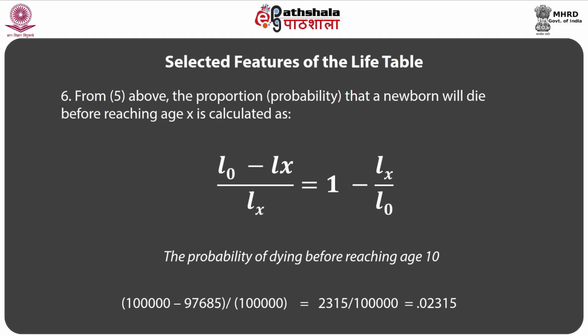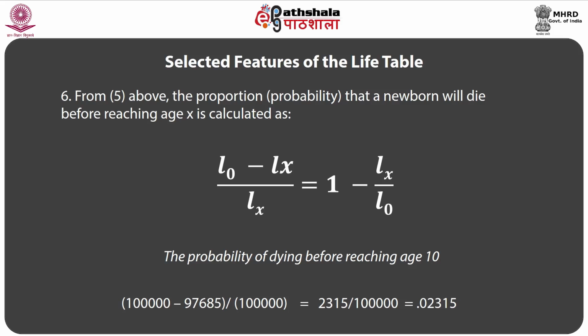Number 6. From 5 above, the probability that a newborn will die before reaching age x is calculated as l0 minus lx divided by l0, equals 1 minus lx by l0.